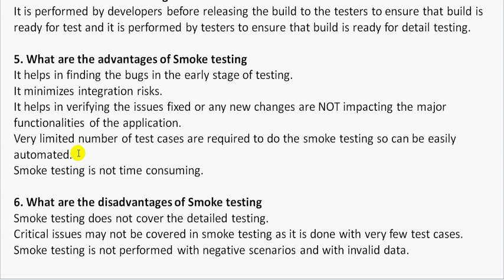If smoke testing is automated, then it becomes easy for developers and also for the QA team to perform it. Smoke testing is also much faster, so it is not time consuming, which again saves money and time.